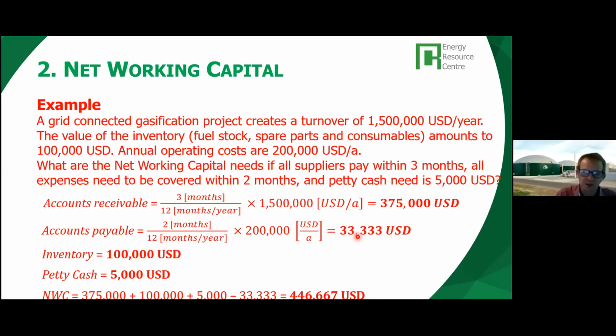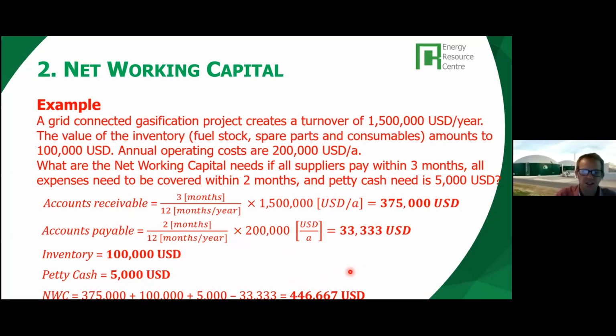You have $33,333. You have the inventory, which was defined as $100,000, and petty cash, which was defined as $5,000. Then your total net working capital requirement can be calculated as $446,667.